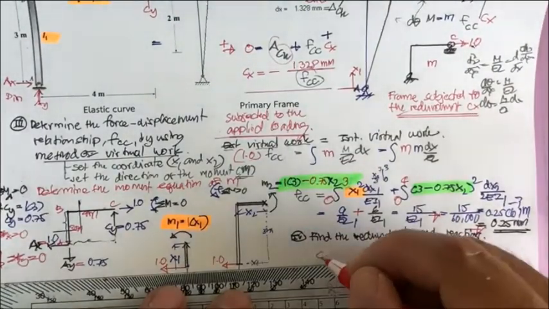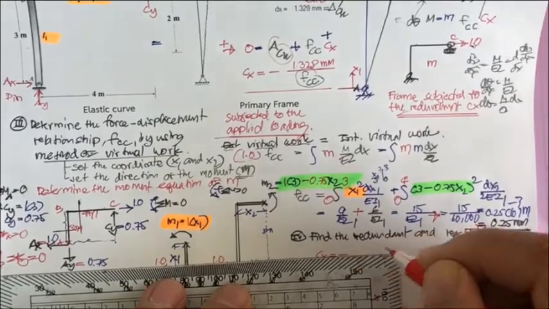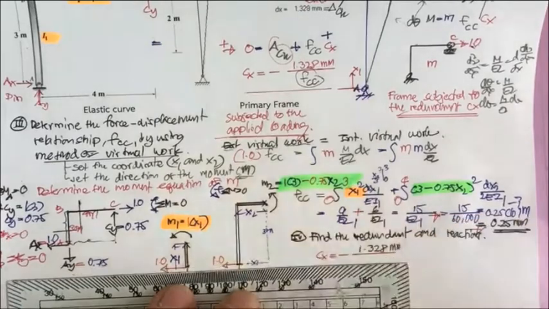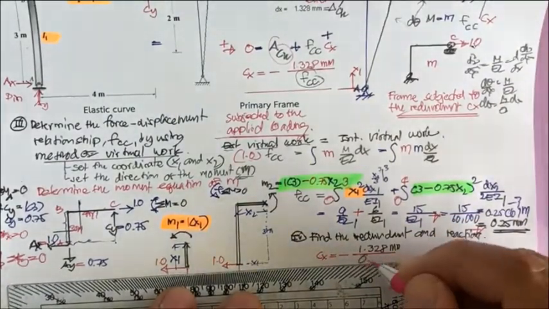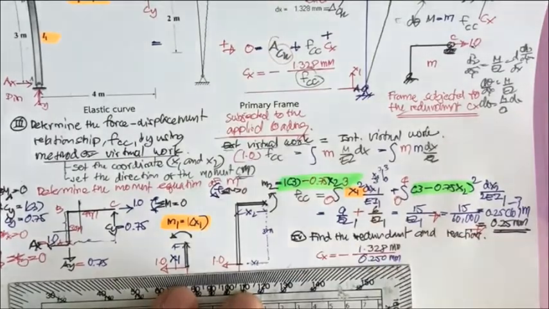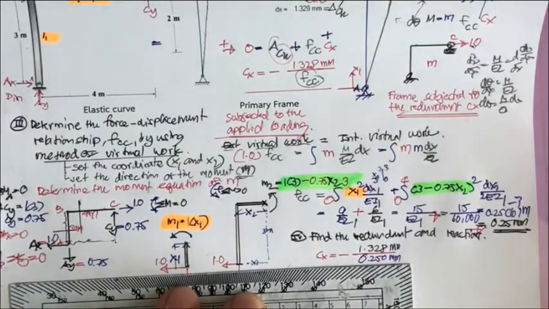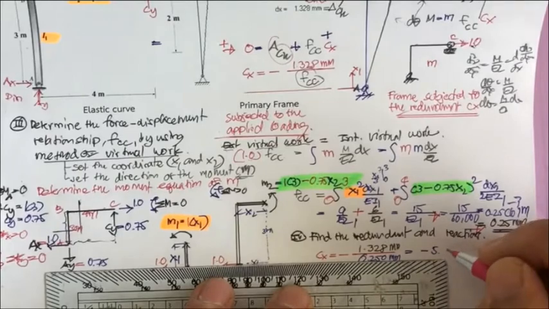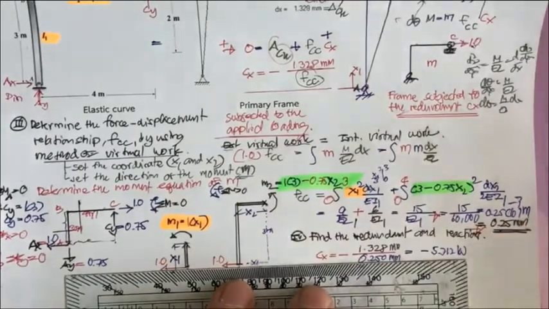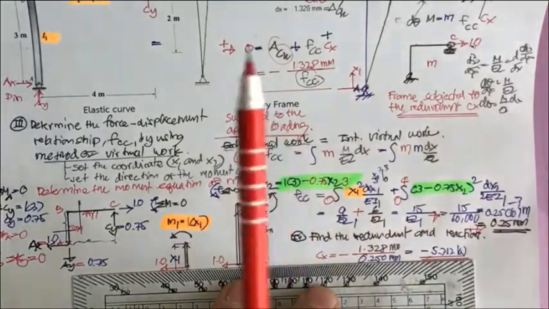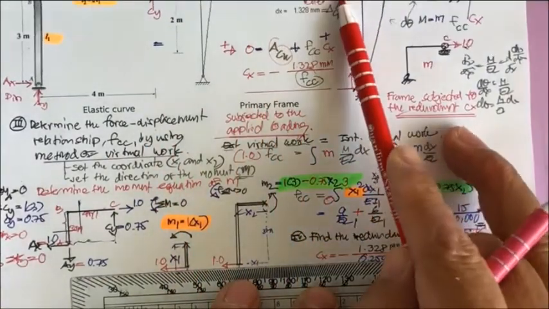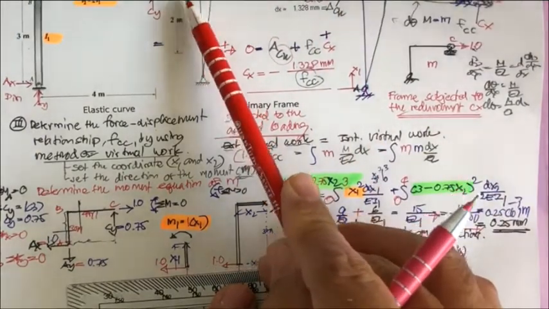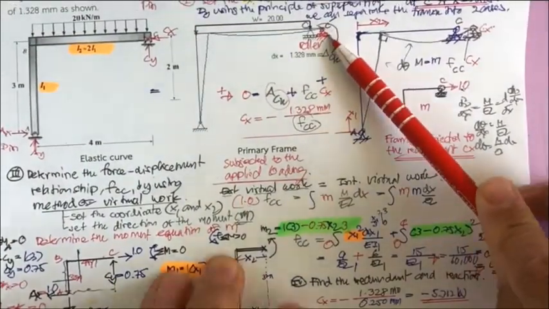The C sub x is going to equal minus 1.328 millimeter, and then it's divided by 0.250 millimeter, you get this one as the negative of 5.312. This is going to be minus 5.312 kilonewton. What we have is our C sub x is not in this direction. Okay, it's not going to be in this direction.